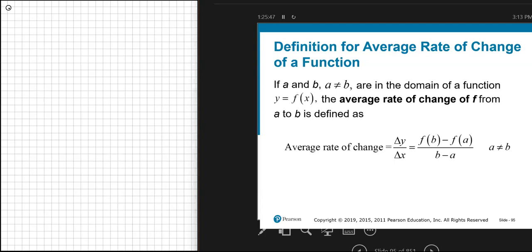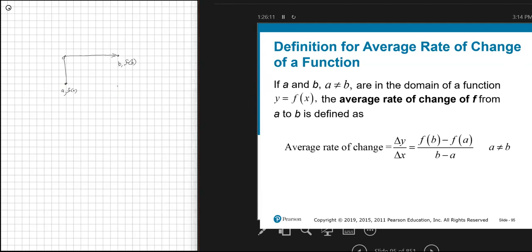So the average rate of change. So we have this point here. This point is a, f of a. And this point over here is b, f of b. And the average rate of change is how much the y changes versus how much the x changes.